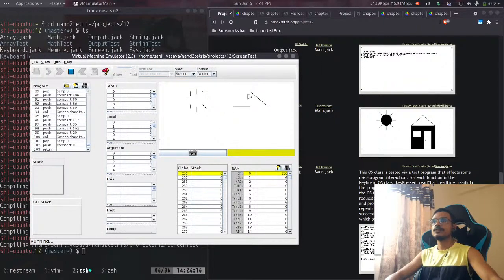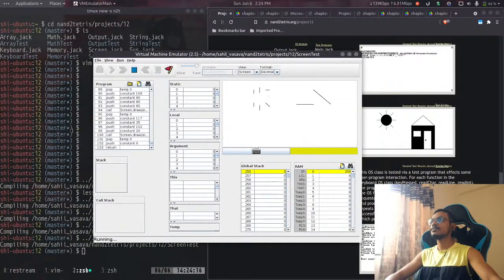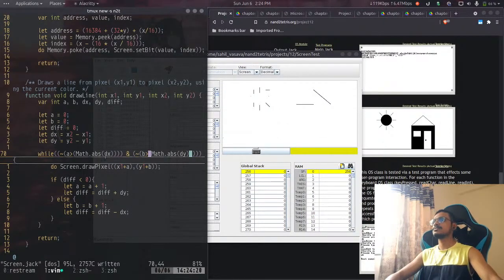Actually, we are not getting this line, so most probably this condition won't work.